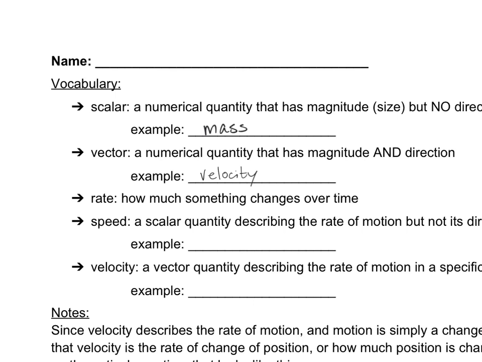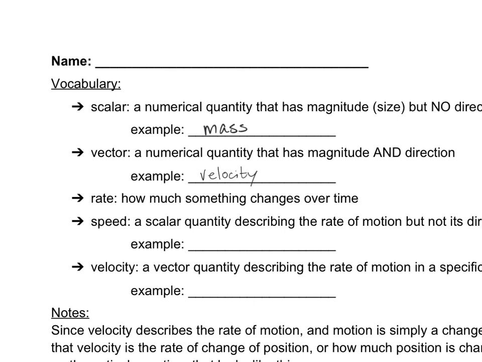So it would be like you running 8 meters per second. You can't run 8 meters per second, but say if you could, like you're Usain Bolt fast. To make that a velocity, it would have to be 8 meters per second in a specific direction. So like running 8 meters per second north would be a velocity.